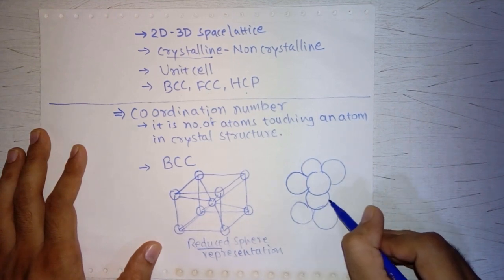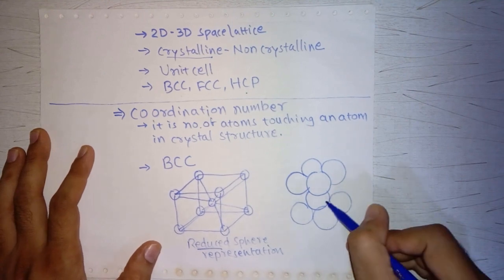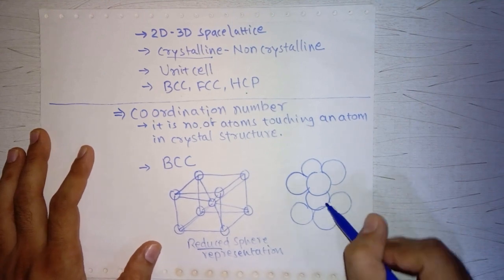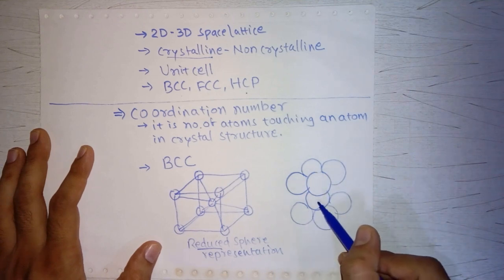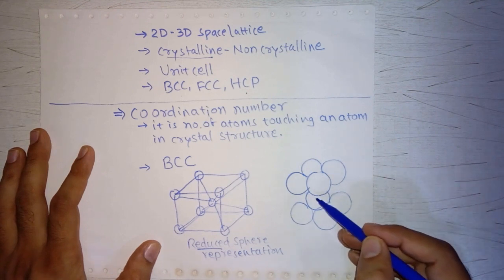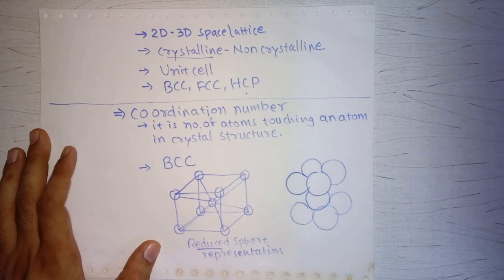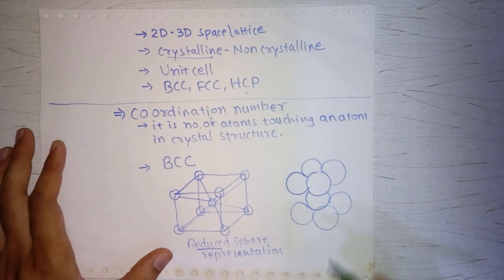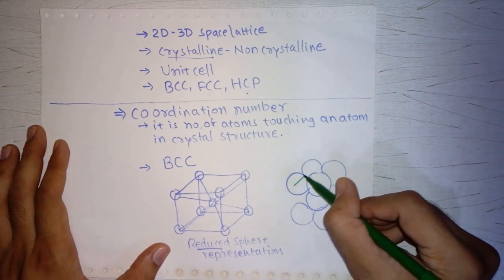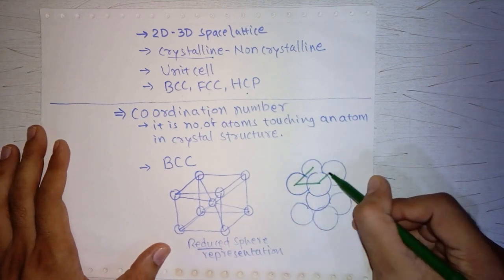And one atom will be behind this. So as you can see, this is the top face, this is the bottom face, and this is the atom which is at the body center. This is called full sphere representation. If we want to draw the unit cell for this full sphere representation, we can draw it like this.